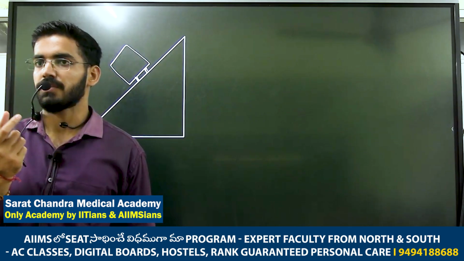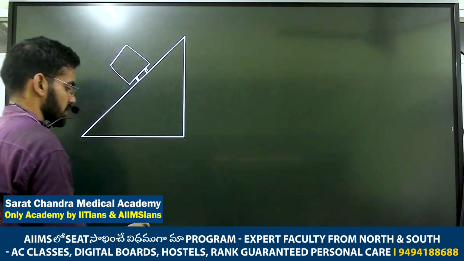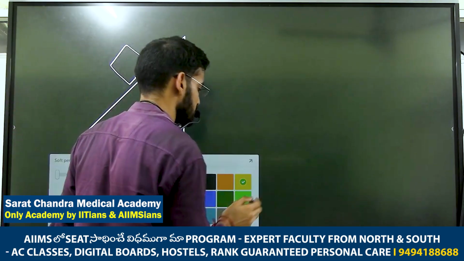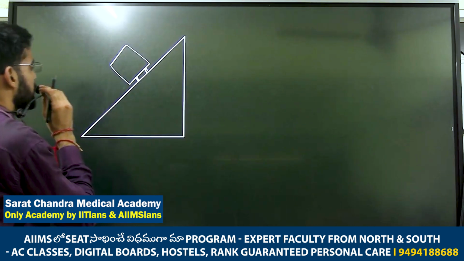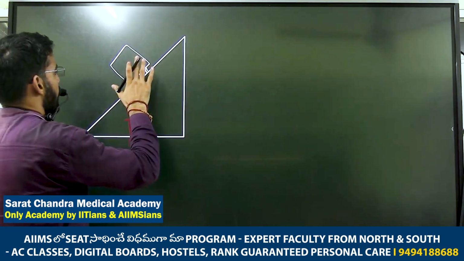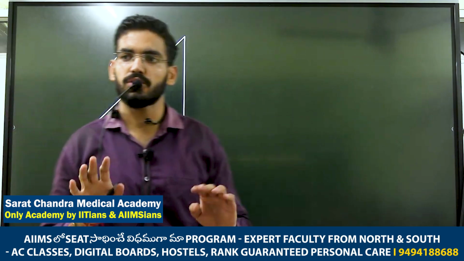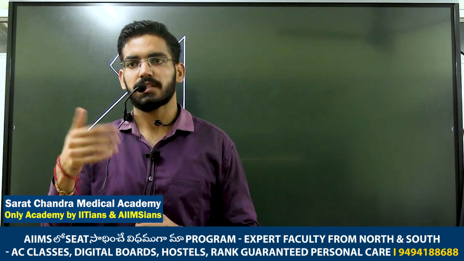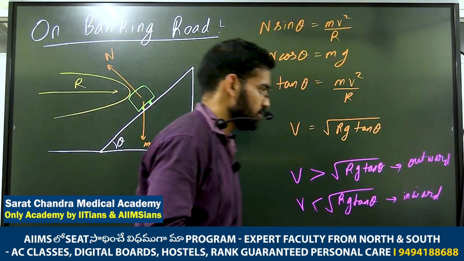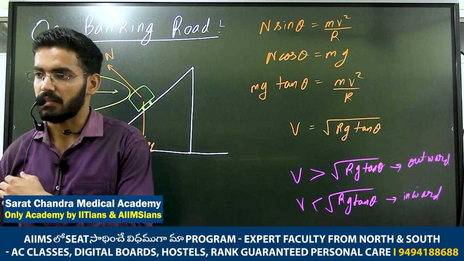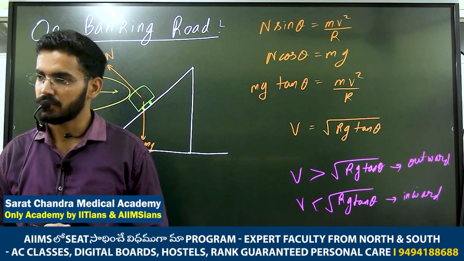And the friction coefficient is mu. So friction will be mu into normal. Now let's say you are going with a certain speed, and friction is available, but you don't want to use the friction. Then what do you do? You go with this speed, rg tan theta. Friction available or not available doesn't matter. You are going with this speed, no problem.